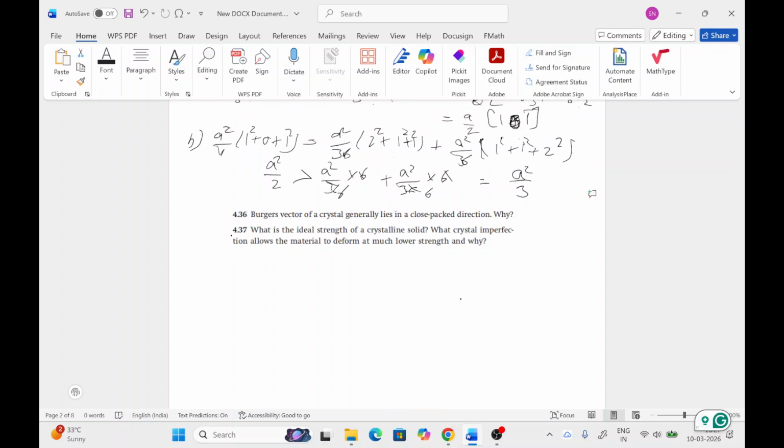In this question, we are asked why the Burgers vector of a crystal generally lies in a close packed direction. We have studied in the previous lecture also that the Burgers vector should be the smallest lattice translation.